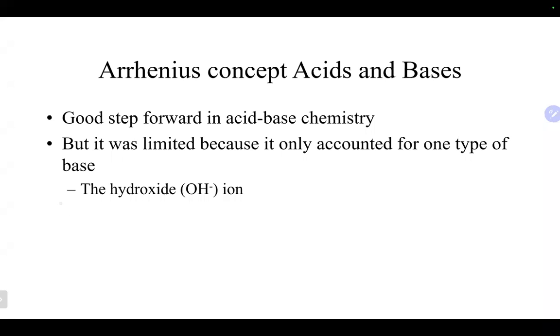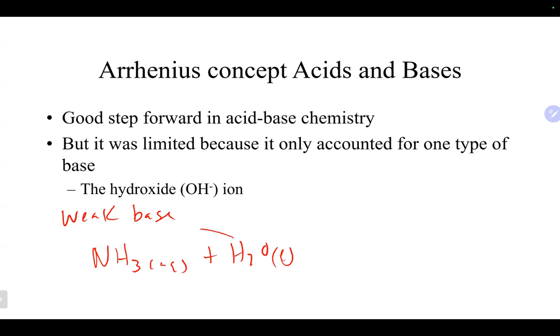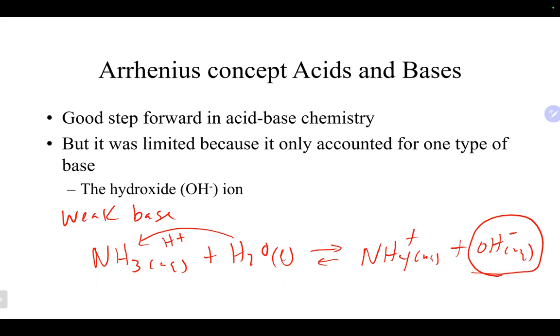An example that we will see in a second is a weak base like NH3, which is ammonia. And ammonia, when it reacts with water, will actually pick up an H plus from the water. When it does so, it will create NH4 plus, which is ammonium, and our hydroxide. So something like ammonia is still a base.